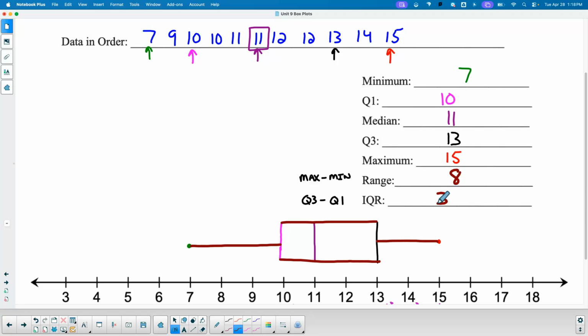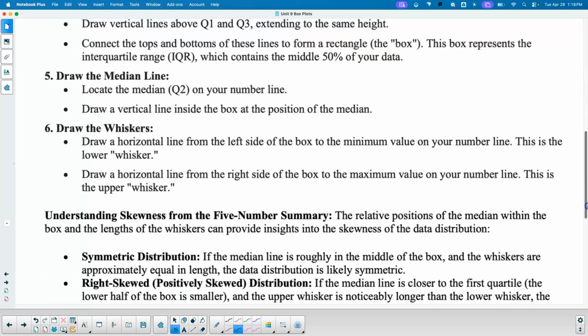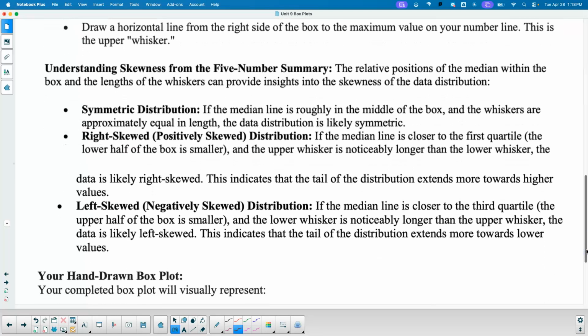So if that median is closer to the left, we call that right skewed. If that median is closer to the left, that means there's more data spread out on the right side because that shifted left. Kind of a backwards relationship. Likewise, if that median line is shifted more towards your Q3 number, we call that left skewed. Okay?